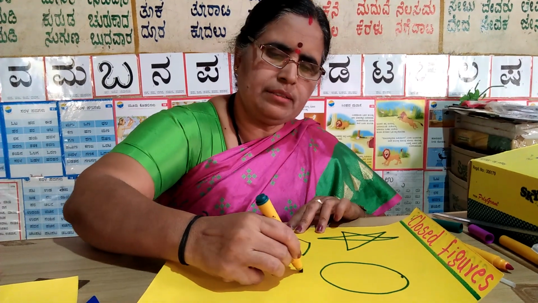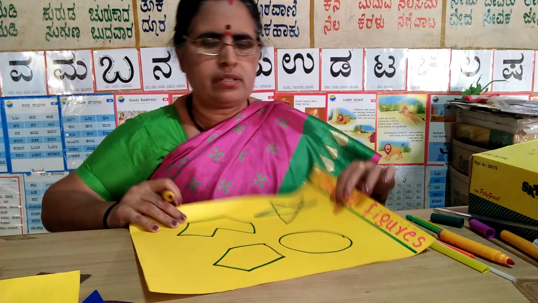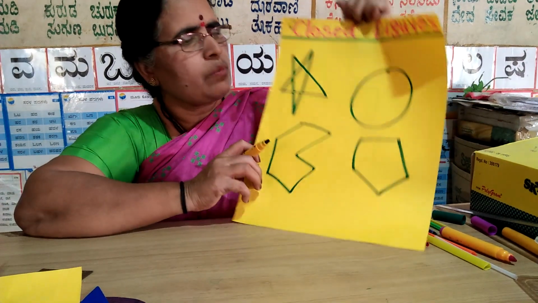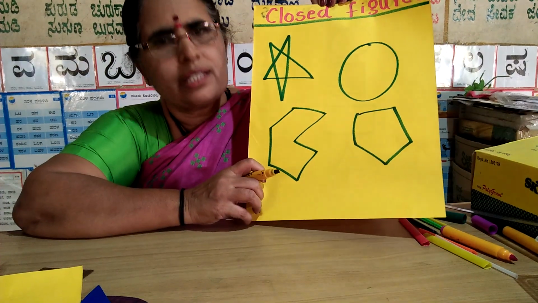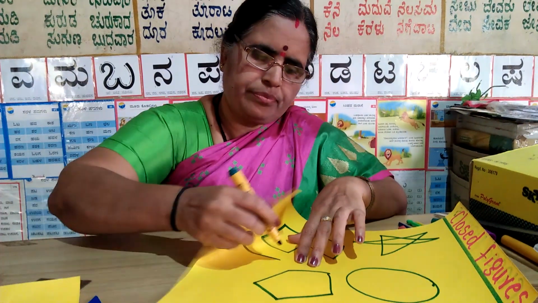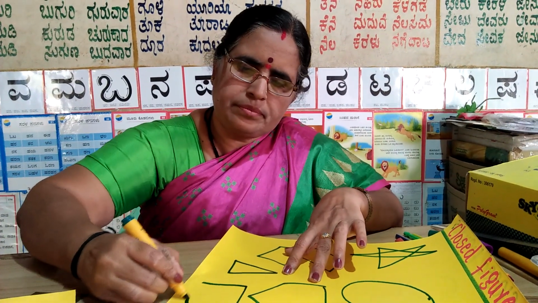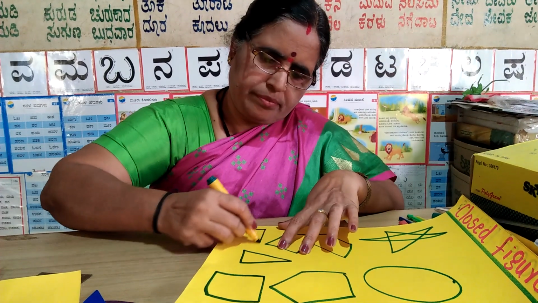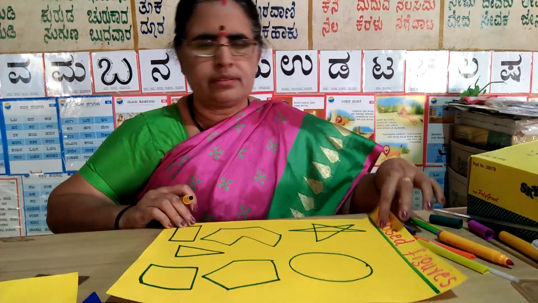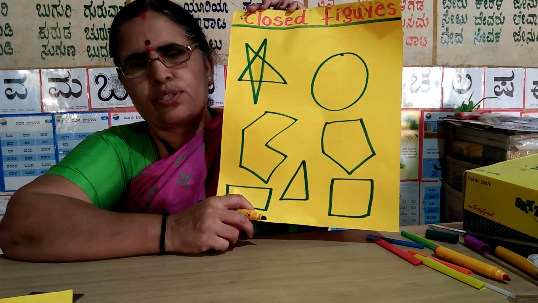This is a closed figure. So these are some of the examples for the closed figure. Okay children, these are all called closed figures.